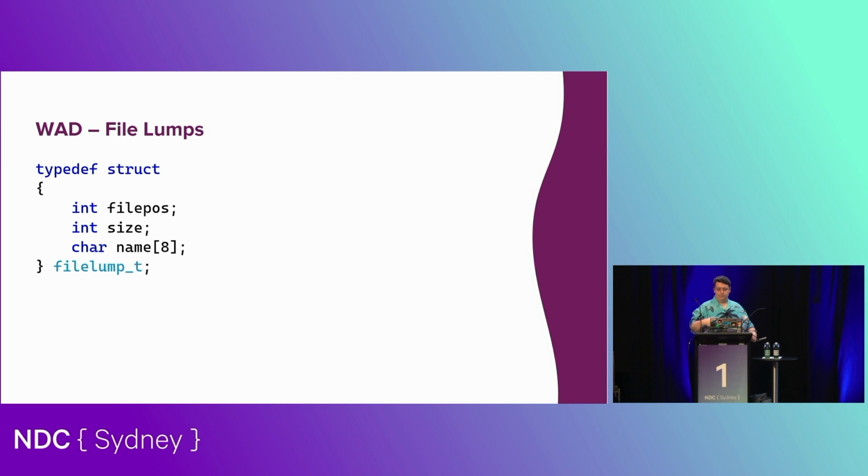Now, if we want to read these data structures from Doom, we must ask ourselves 2 questions. Well, it's a bunch more questions, but if we want to read something, the first question is going to be, what's the actual size of this thing? How many bytes is a character?